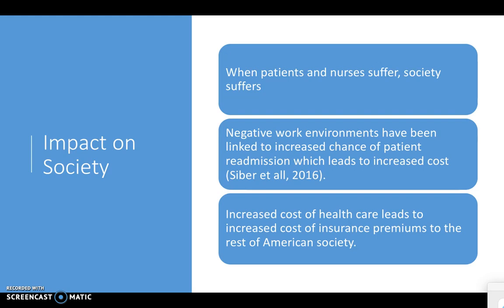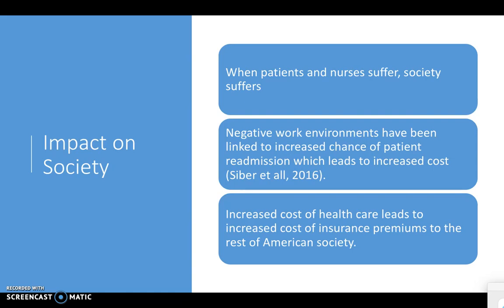All right, and the impact on society. So everything we talked about during this presentation was money related, whether it be training a new nurse because you couldn't retain an old nurse, or whether it be patients being readmitted constantly and costing healthcare millions of dollars.